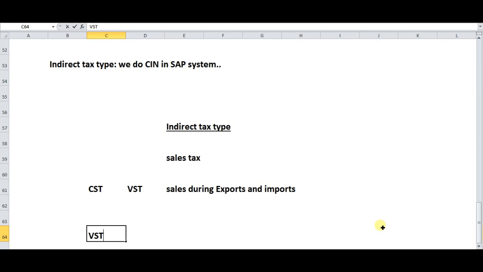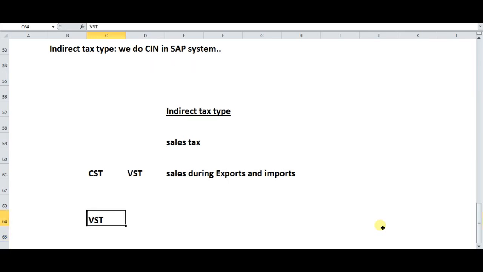VST, value added tax. Value added tax is a type of tax which is levied on goods and sales by the state government.